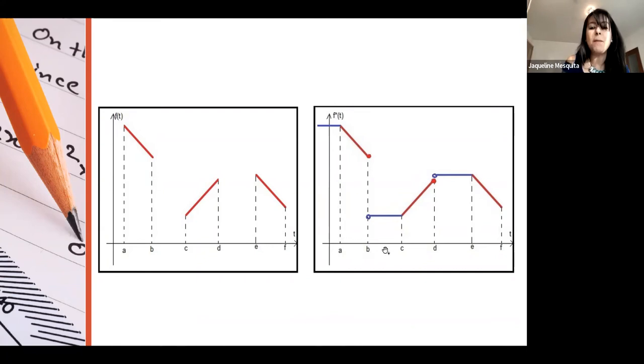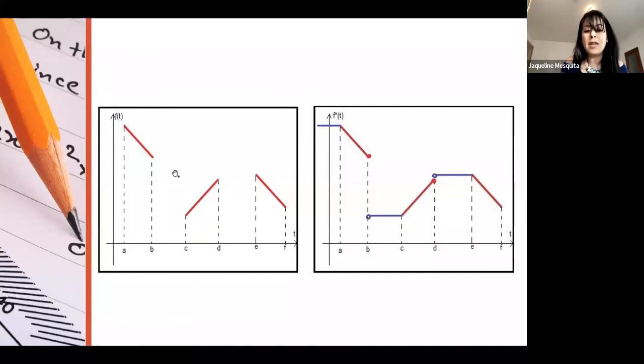If I take some point here, it will be equal to f of t star, where t star is exactly the infimum of all the points in the time scale that are bigger than or equal to this point, and it will be exactly c. That's why we have this quantity here. Using that, we can fill all these holes that appear in our time scales. So we have this extension of our function f.